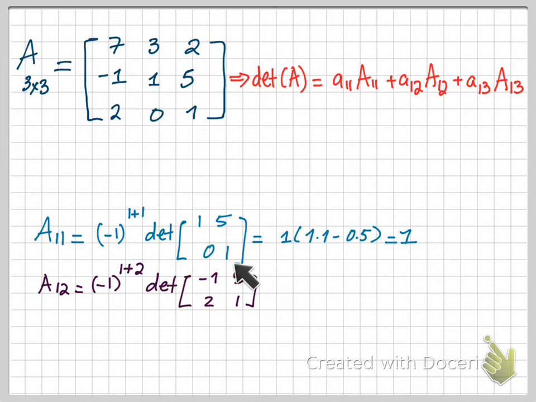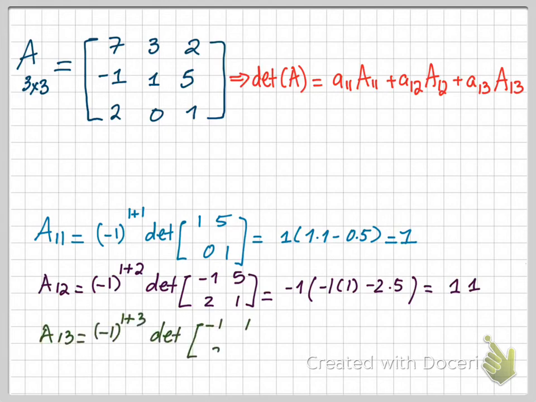The minor matrix here is formed by deleting the first row and the second column of A. So the remaining matrix is -1, 5, 2, 1. And the determinant of this matrix is -1 times 1 minus 2 times 5, which is -11, times -1 here to get +11.